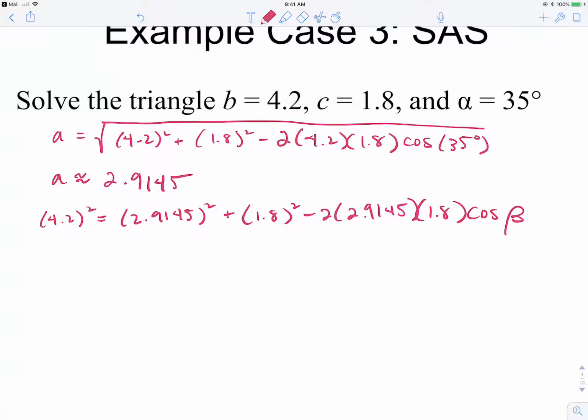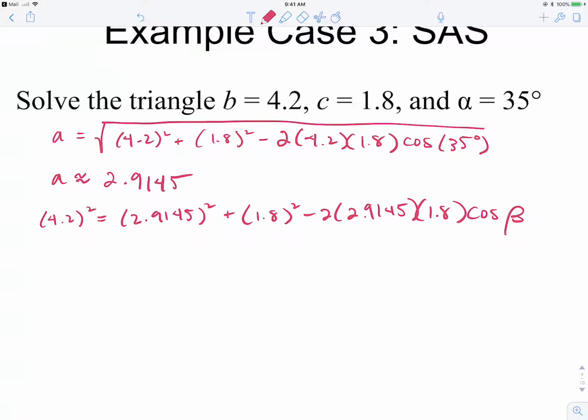Okay, so now I need to isolate cosine of beta. So I'm going to subtract a squared and c squared and then divide by this product here.